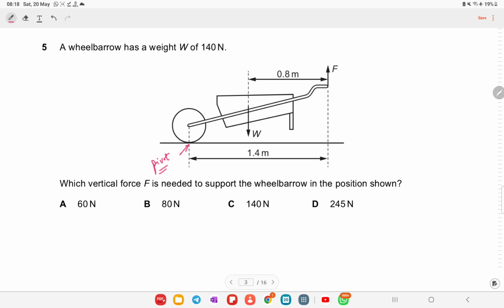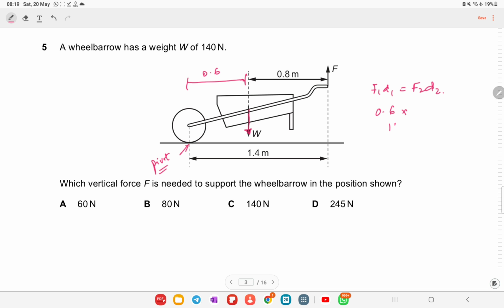The weight of the wheelbarrow is lying over here, so this is 1.4 meters. So this distance is going to be 1.4 minus 0.8, which is 0.6.